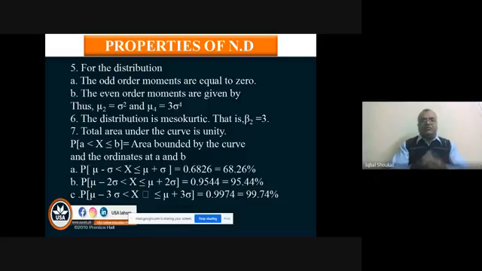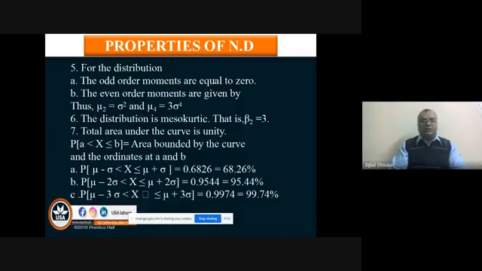On the other side, if we talk about mu plus minus 2 times standard deviation, that can be written as probability of mu minus 2 times sigma less than X less than or equal to mu plus 2 times sigma, which is equal to 95.45%, which is further equal to 0.9544.